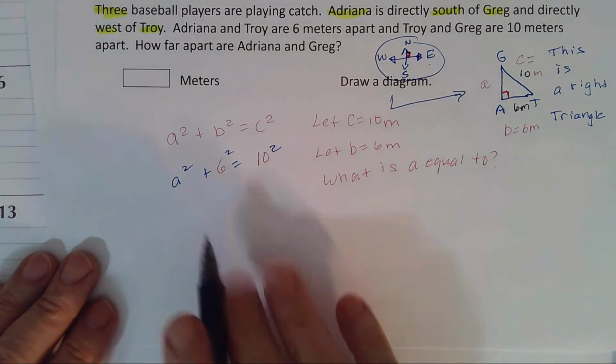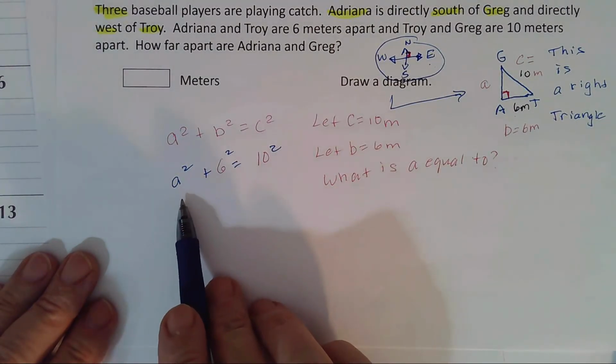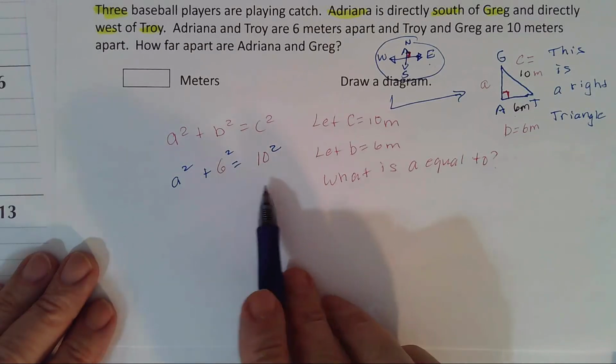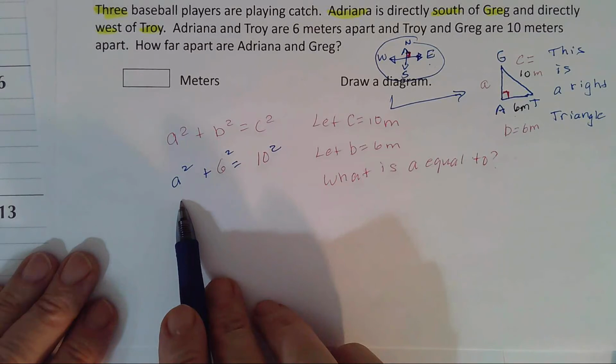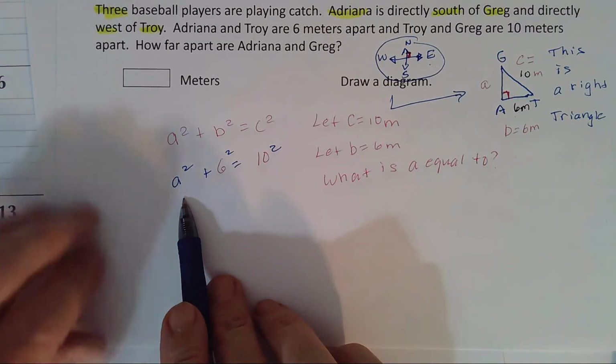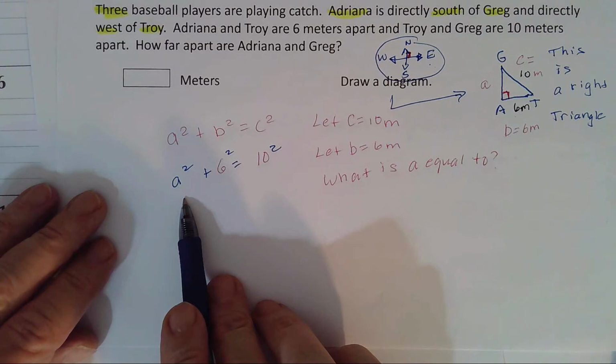All right, so what are we going to solve for? Well, it's got to be the A. The A is the only variable on its own. So we got to get it by itself, which is undoing. Remember, we undo.